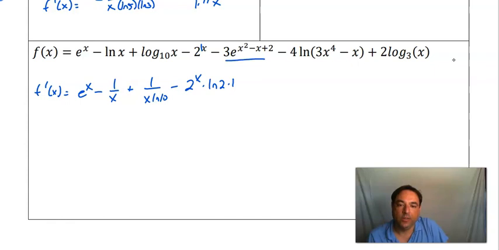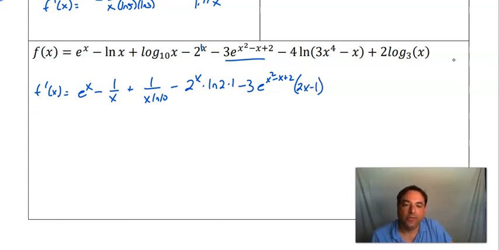Next one, minus 3 stays in front. How do you take the derivative of e to the x squared minus x plus 2? Step 1, rewrite it. Step 2, derivative of the exponent, 2x minus 1, be careful there. Taking the derivative, the next one, minus 4 stays in front. To take the derivative of an ln of 3x to the 4 minus x, it's 1 over whatever you're taking the ln of, 3x to the 4 minus x, times the derivative of it.